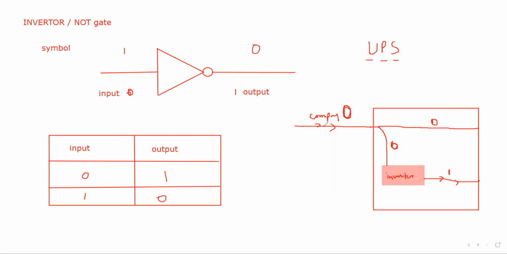For example, you're receiving electricity from the company. If there is a power failure, the company is not able to provide you electricity. So the input for the inverter or NOT gate will be 0. If the input of a NOT gate is 0, the output will be 1 and you will receive electricity from the inverter.